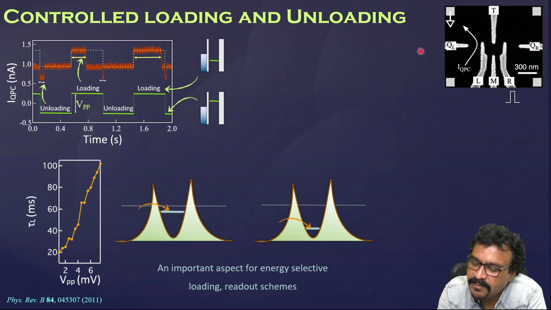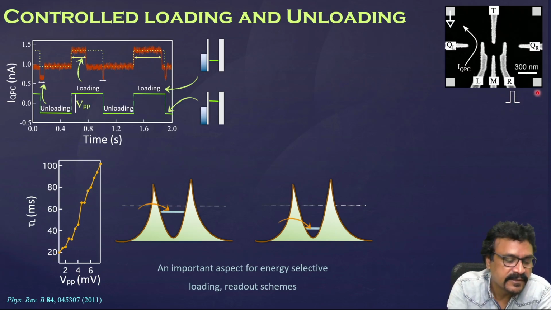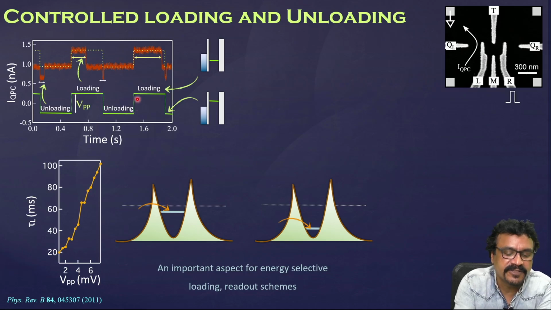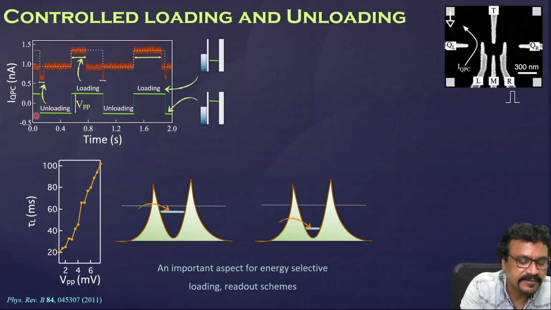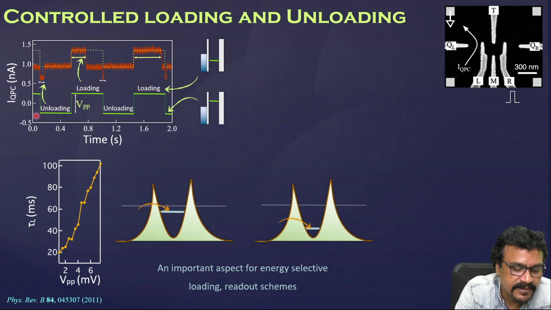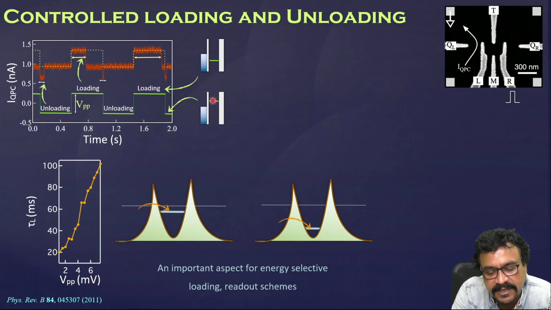So now we are going to apply a rectangular wave, which is represented by the green line here. And the dot level is in resonance with the lead. Okay.